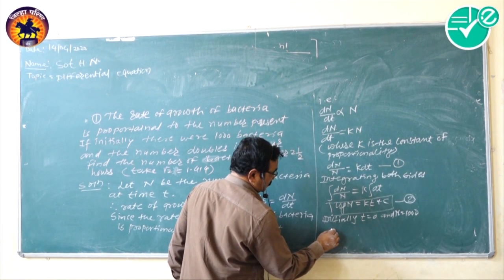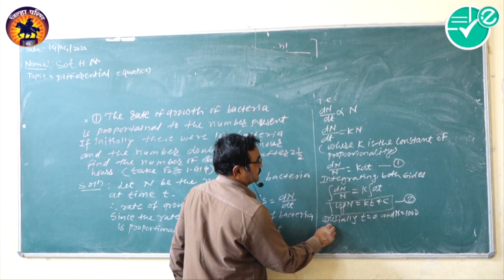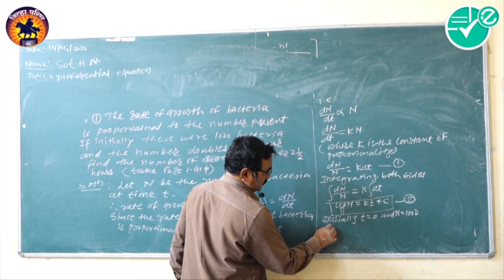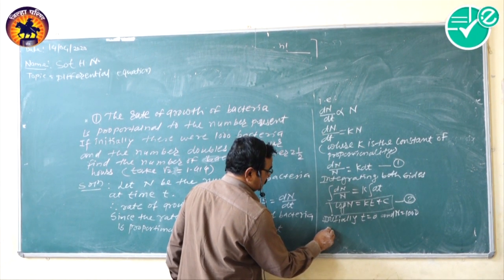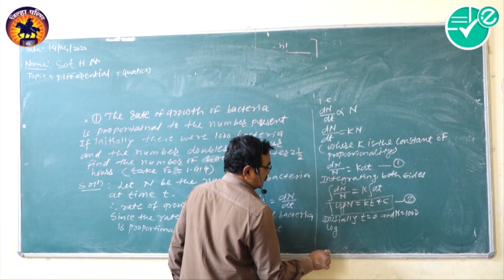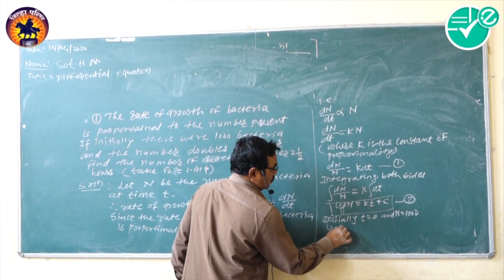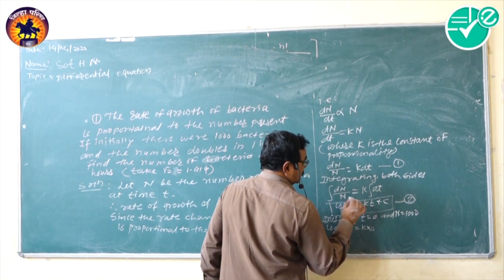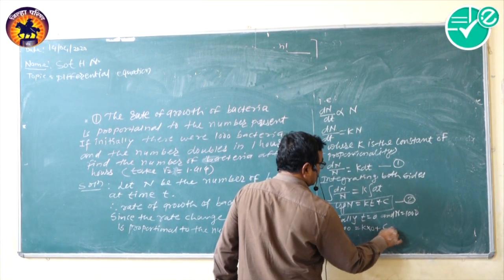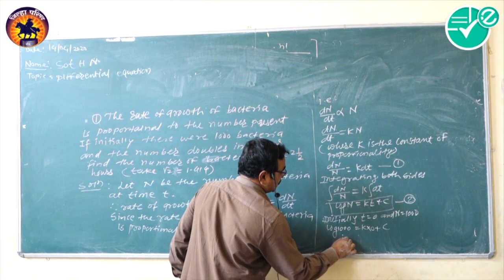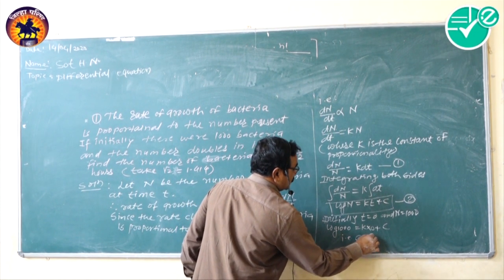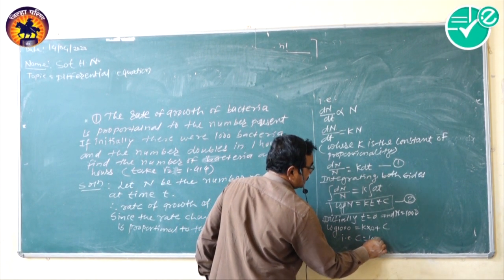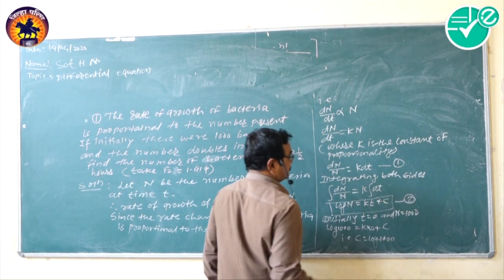Then equation 2 becomes log 1000 equal to k into 0 plus c, that is c equal to log of 1000.